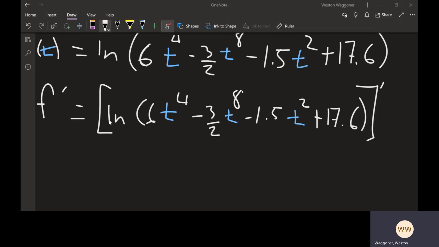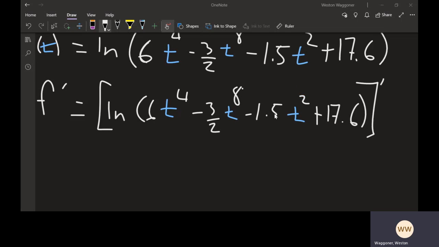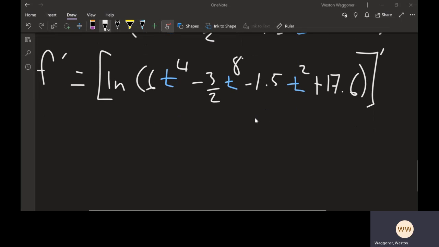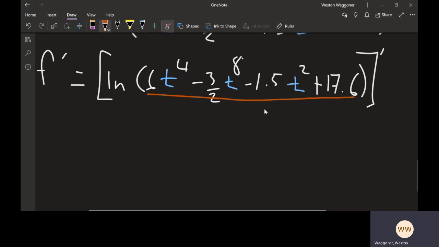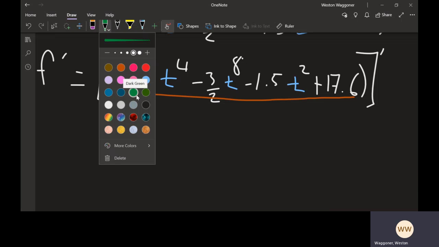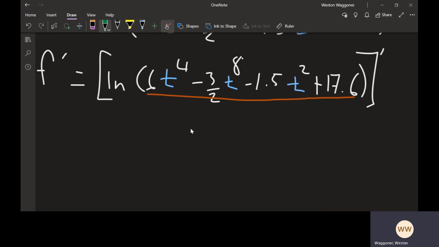What we're going to do is, it always has this pattern: whatever's on the inside, we keep down in the fraction, and then what we have on top is the derivative of it, and we get rid of that ln.